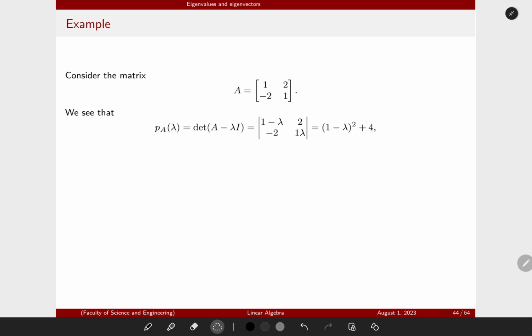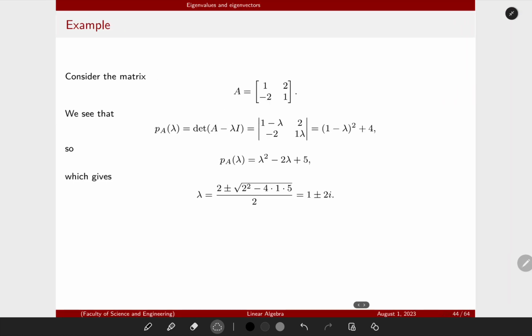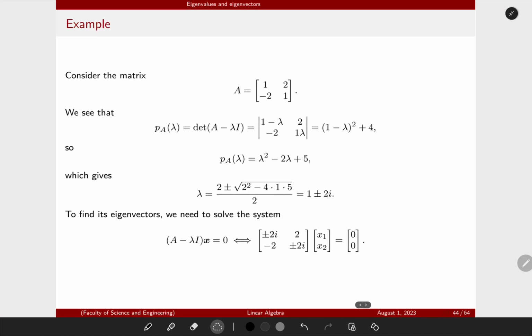I'll fix that. Then we get this squared plus 4. If we expand this, we obtain this expression, and then using the quadratic formula, we can obtain these roots. So these are our eigenvalues.